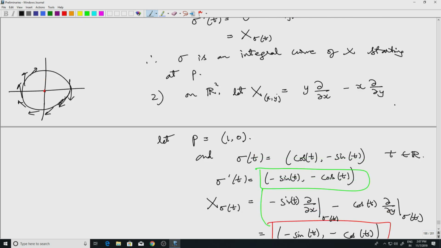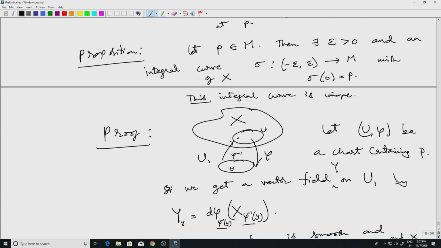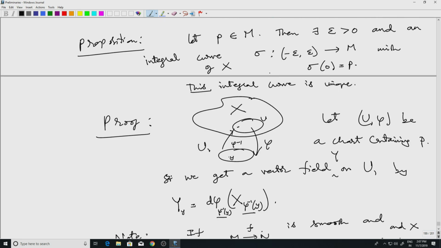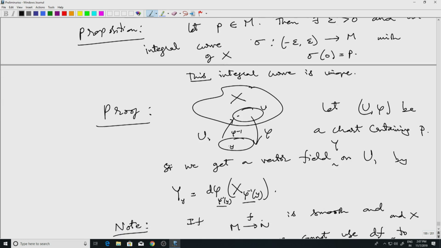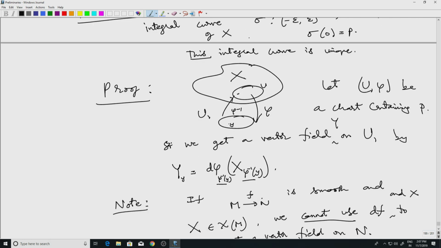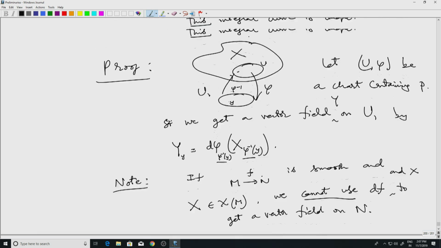Right, and the fundamental theorem is that for any point P, there exists epsilon greater than 0 and an integral curve of X which starts at P. This integral curve is unique. In fact, something slightly stronger holds, which I will state in this lecture.